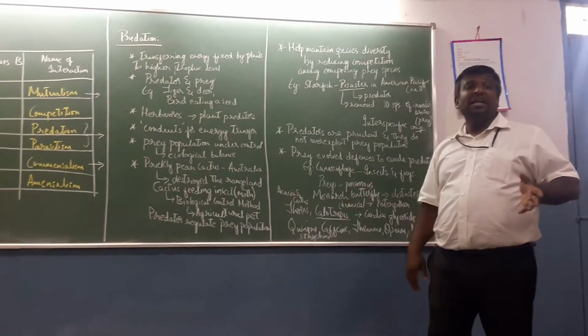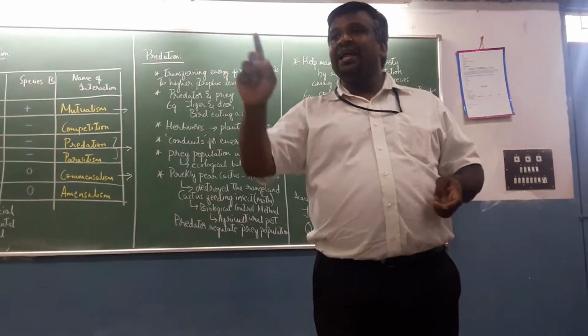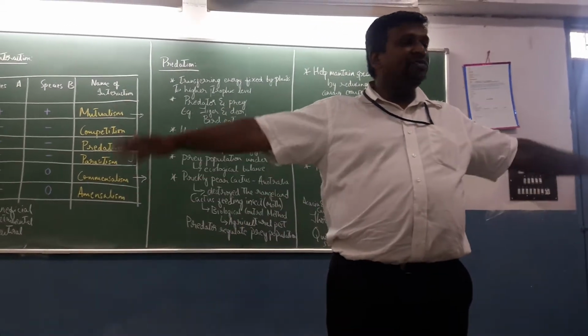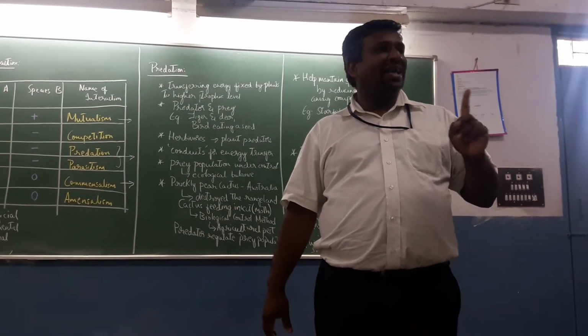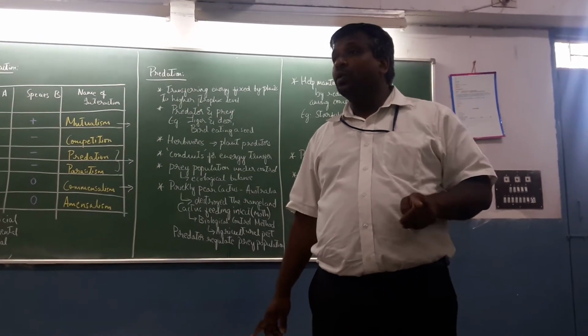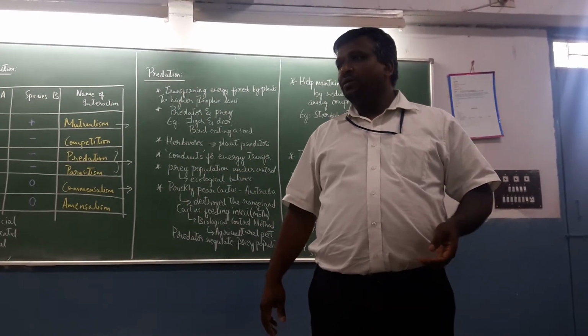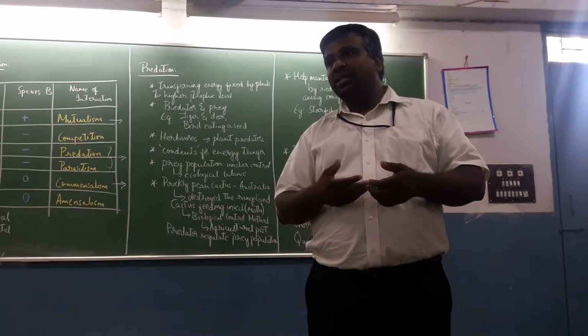Okay? And predators are prudent. They are not greedy like us. They hunt their animal only when it is required. They don't hunt five to six animals and keep them in a fridge. Only one animal. So they are always prudent. They don't overexploit the prey. If they overexploited, the numbers would come down, and that would destroy them.